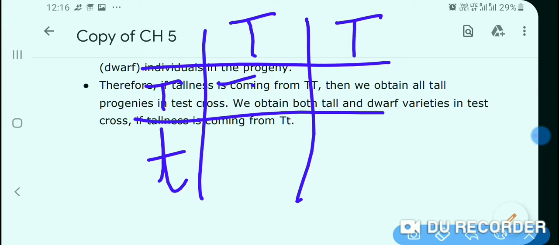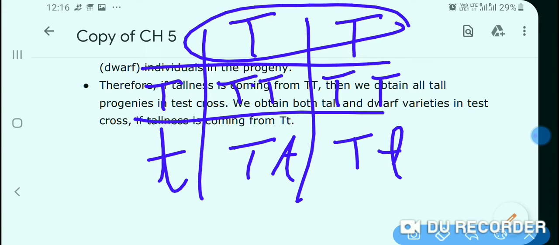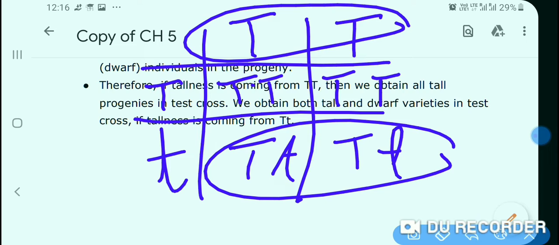Capital T, capital T, capital T, capital T here, capital T, small t, again capital T, small t. Again you find that this was the parental combination and this is the new combination. In a back cross again there is a 1:1 ratio of parental combination and new combination. This is the back cross.